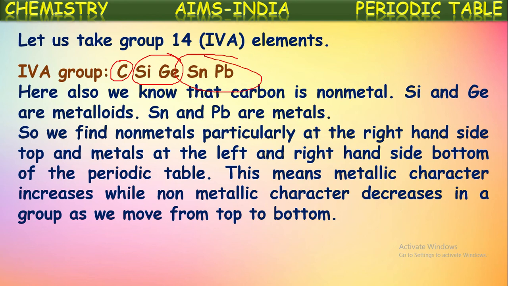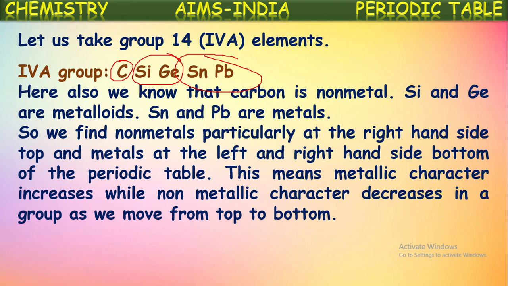So we find the non-metals particularly at the right hand side top and metals at the left hand side and right hand side bottom of the periodic table also. This means metallic character increases while non-metallic character decreases in a group from top to bottom.